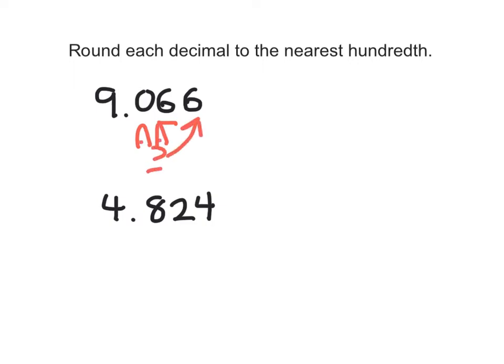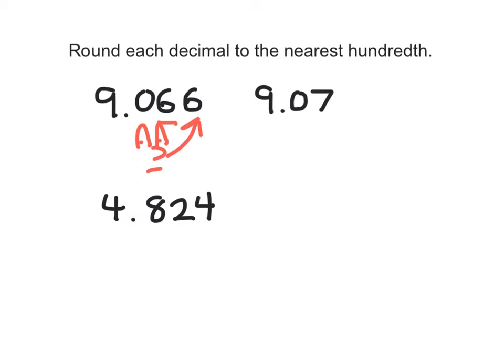If this number is greater than 4, which it is, I'm going to round my rounding place up one number. So I'm going to round the 6 up to a 7. And then I'm going to drop the 6 off in the thousands place. So the answer is 9 7/100ths. All right, pause your video, do the next example, then restart to check your answer.